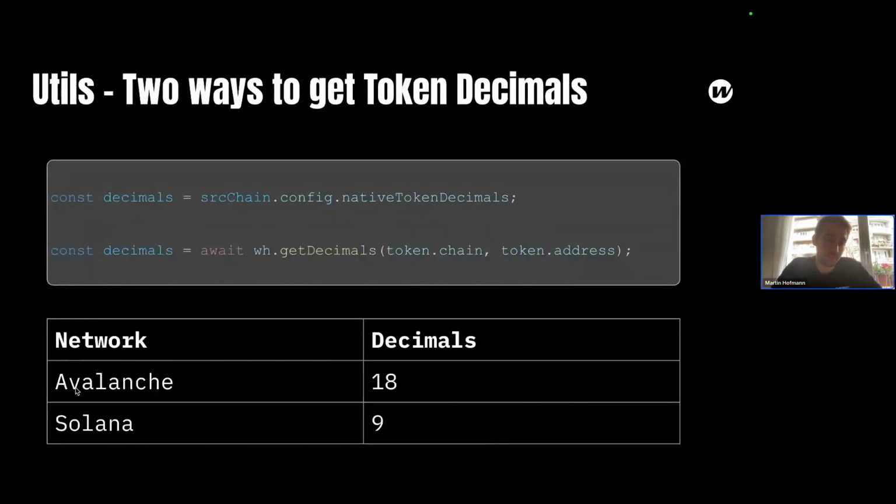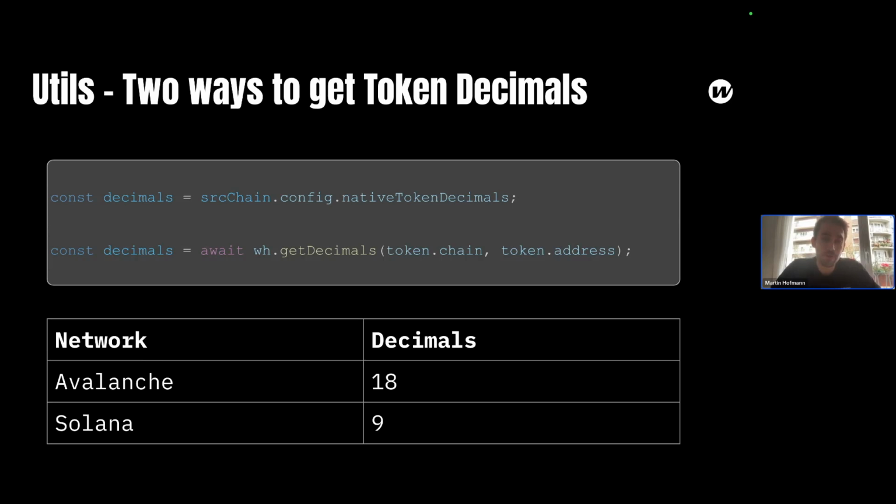Another very useful method that you can use with the SDK is, for example, to get the decimals. Every blockchain has specific token decimals that they use. For example, if you interact a lot with tokens from different chains, you might already know, in the back of your mind, that Avalanche has 18 decimals, Solana has 9, but it's good to have easy access to this information.